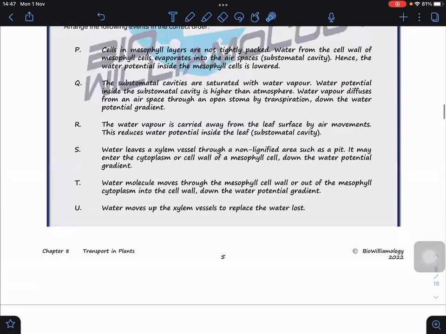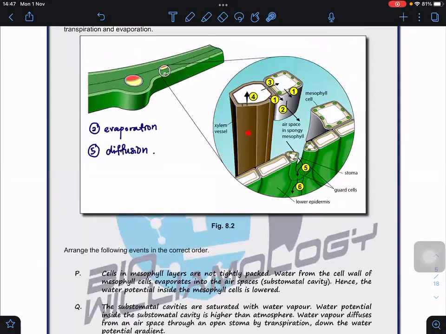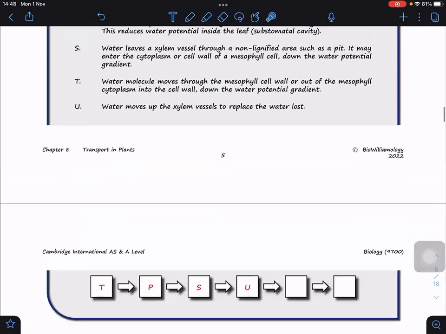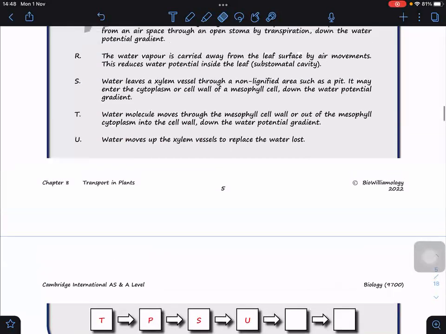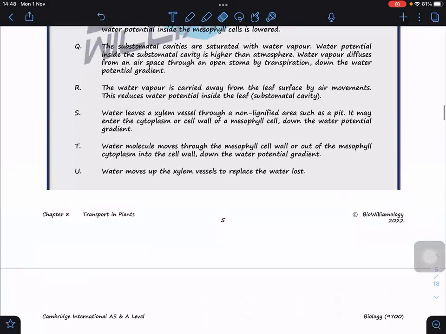Because of the movement, it means that now water molecules can move from the soil into the xylem and along the xylem to the leaf. So number 4 is U. Water now moves up the xylem vessel to replace the water lost. And next, what will happen here? We do know that the substomatal cavity is now saturated with water vapor, and the water potential in the substomatal cavity is higher than the atmosphere.